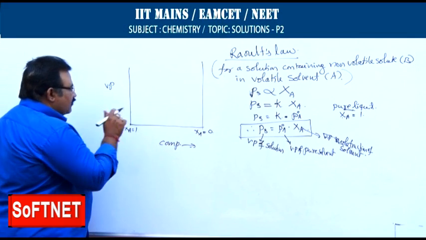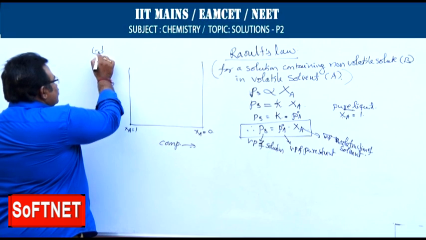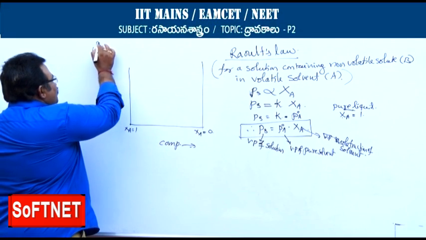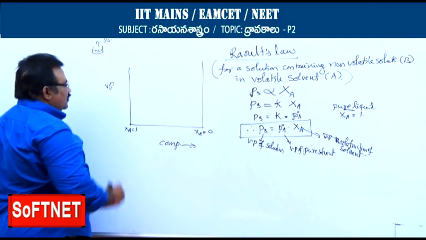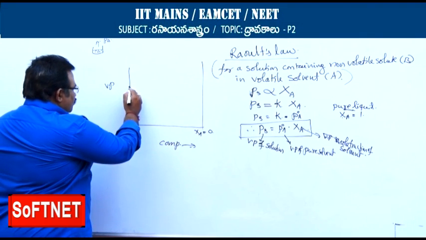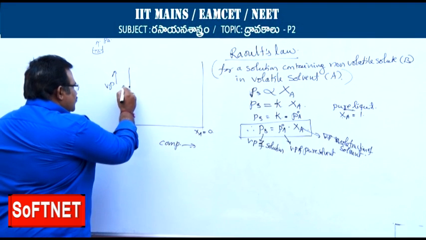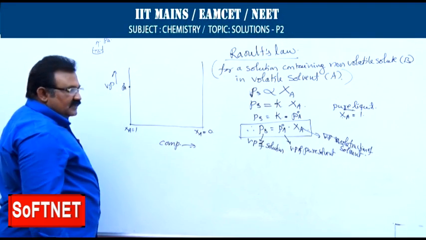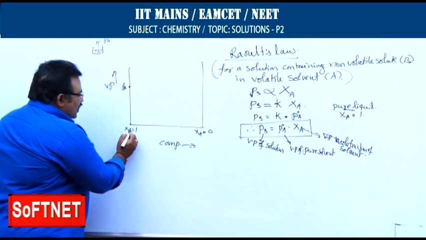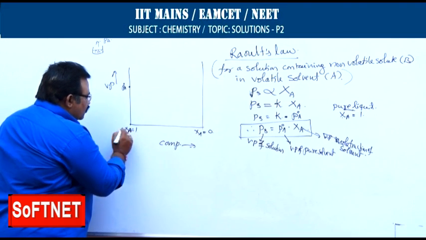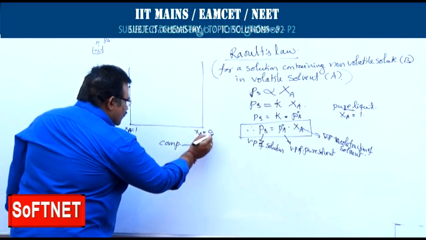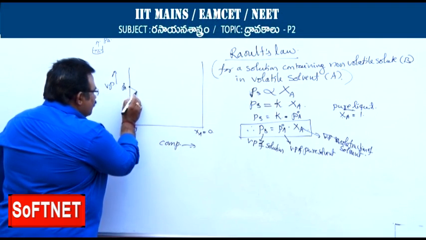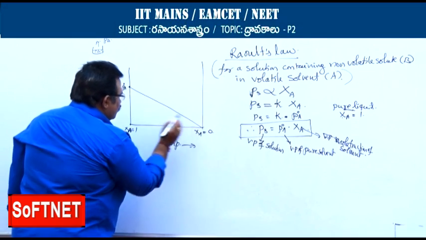If only one liquid is taken in a vessel, the vapor pressure of that liquid is called P naught A. So, this is the P naught A. As the mole fraction of A decreases, if the mole fraction of A becomes 0, the vapor pressure also becomes 0.